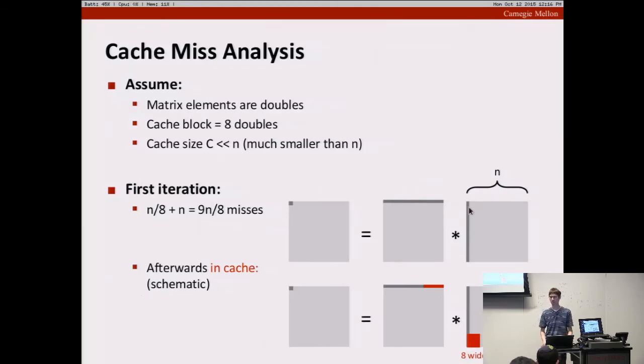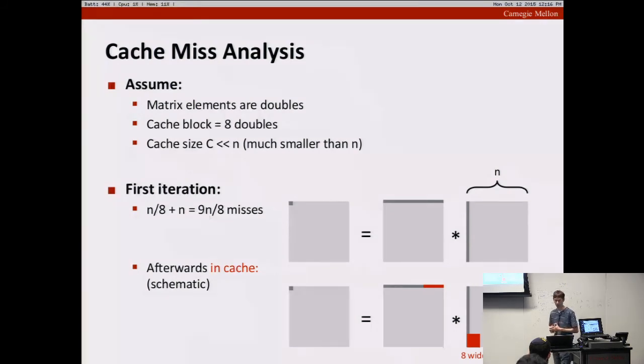And then we come down to the next one, and it's not there. Our matrix is much wider than 8. So we miss every single time we access the first element of that row. So every single element of this column is a miss, so that's n more misses to give us 9n divided by 8 misses total. Does that make sense so far?